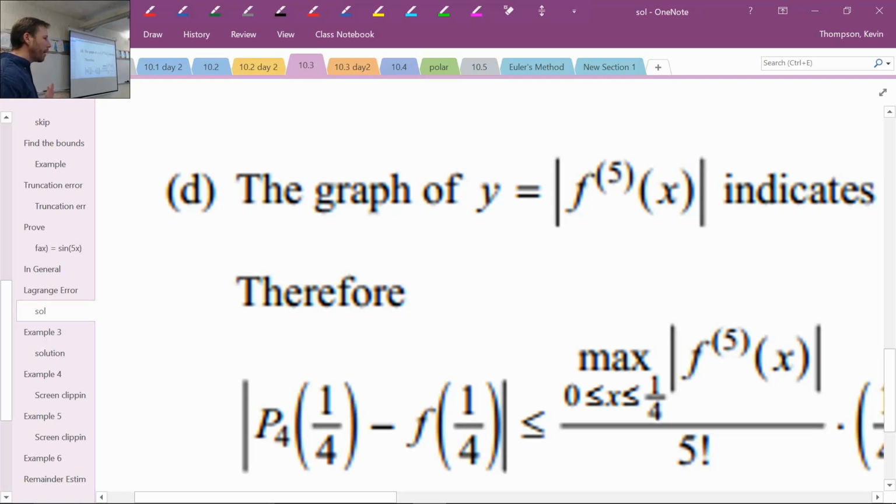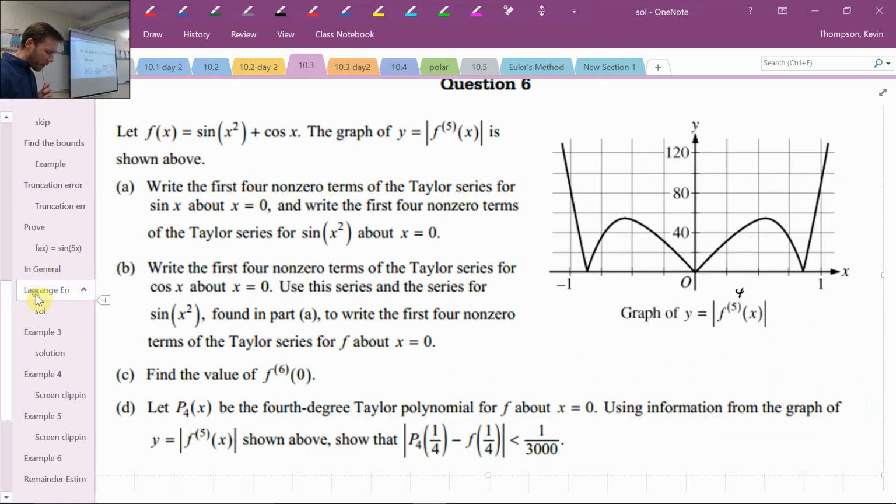They're saying the max of that derivative from 0 to a quarter. Why would I even be looking 0 to a quarter? Well, one thing, what's true about this graph? Okay, there's symmetry going on. And where's this thing centered?